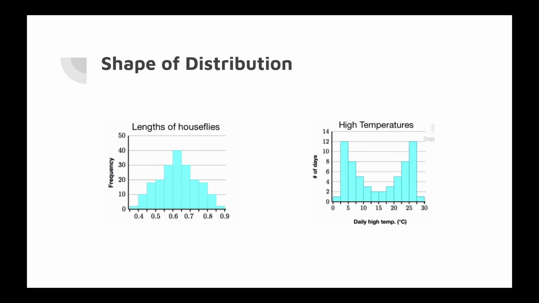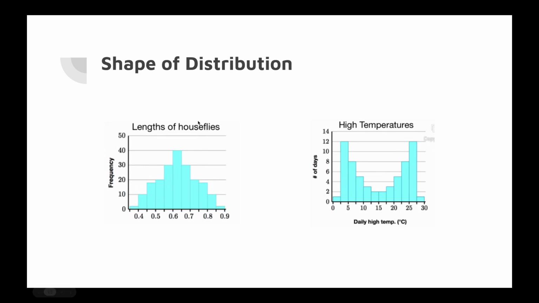So today we'll go over some shapes of distribution. Let's take a look at the first one. Before I explain, can you guess what some characteristics of the first graph are?